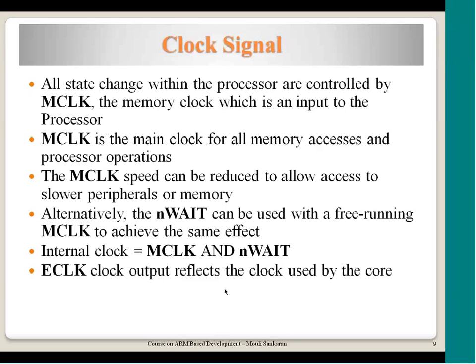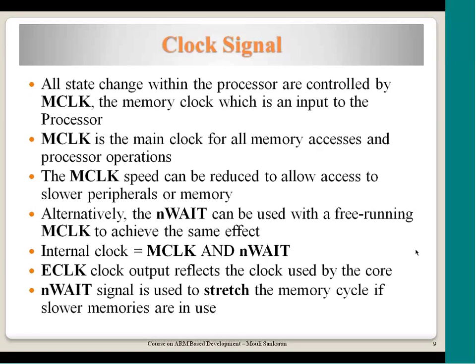This is another output pin coming out of the ARM processor core to show the internal clock of the processor. ECLK is actually the output of these two signals which were fed into the processor. As I mentioned, the nWAIT signal is used to extend the memory cycle if slower memories are in use. So this is all about the clock signal.